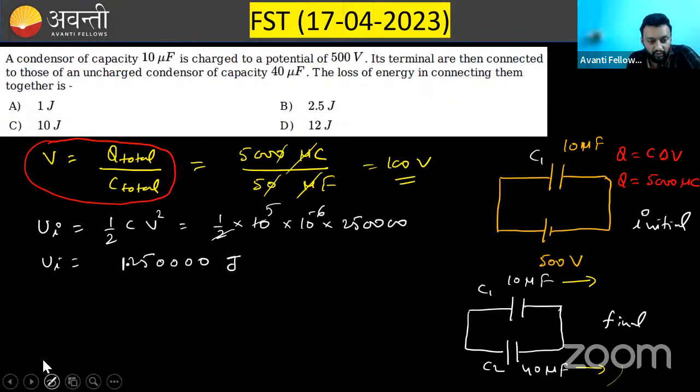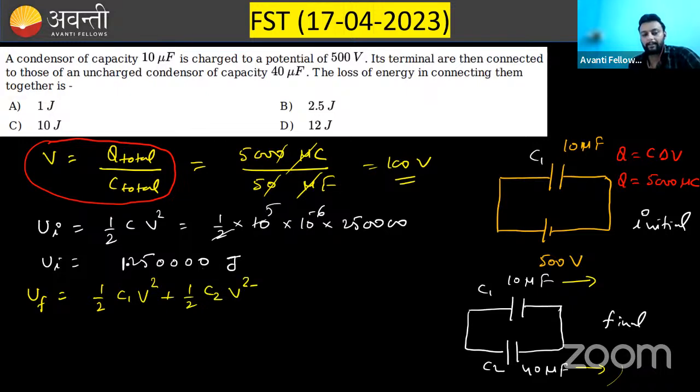Now the final energy stored in the capacitor, U final. Finally, there are two capacitors, and both will store some energy. So you can say half C1 into V square plus half C2 into V square.